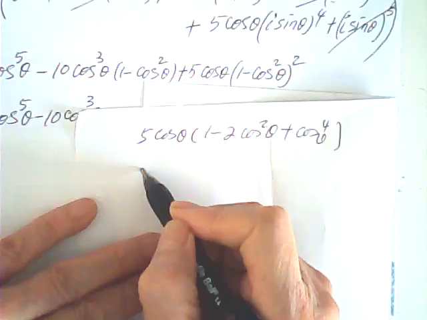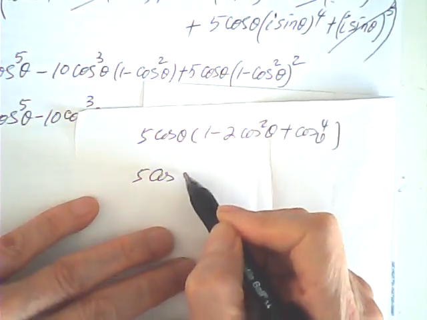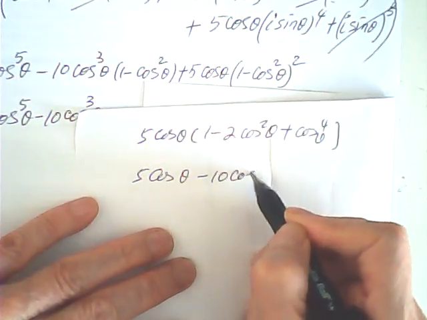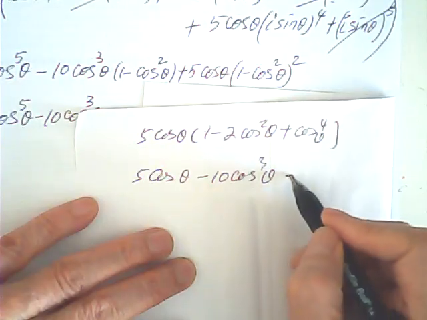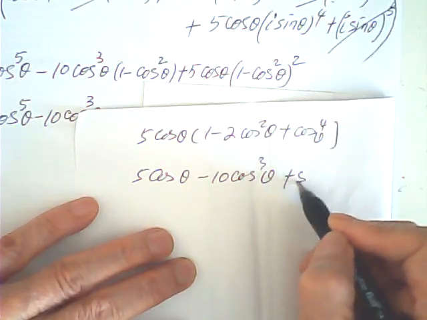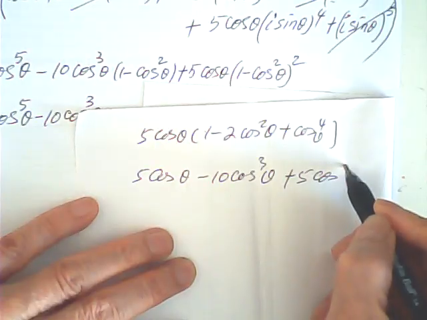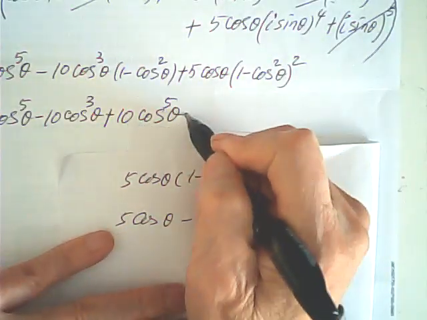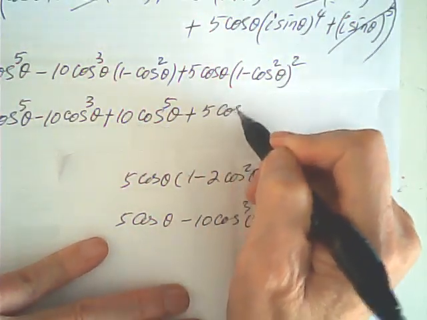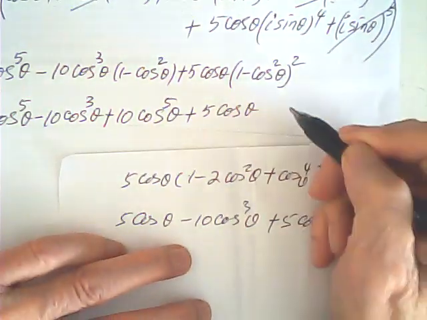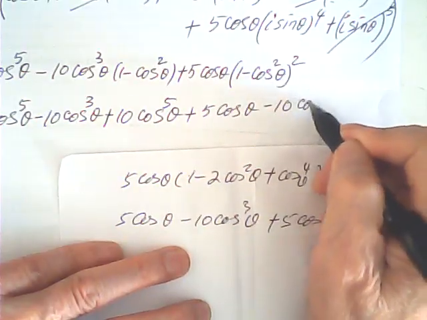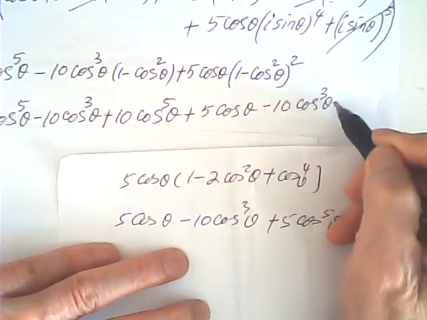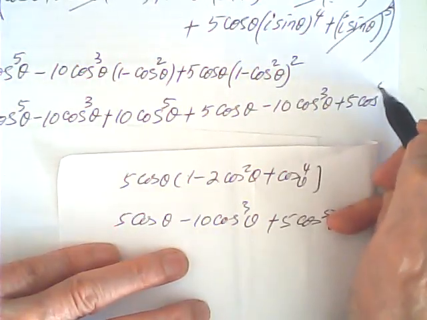So this is equal to 5 cosine minus 10 cosine cube plus 5 cosine fifth, right? Yeah, okay, let me copy it down. This is 5 cosine theta minus 10 cosine cube plus 5 cosine fifth.